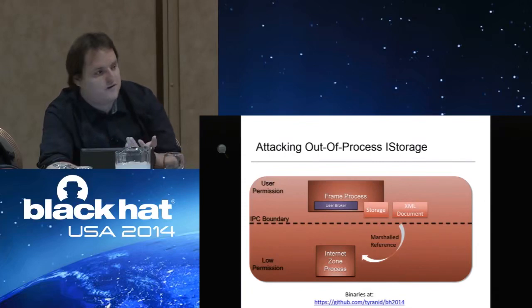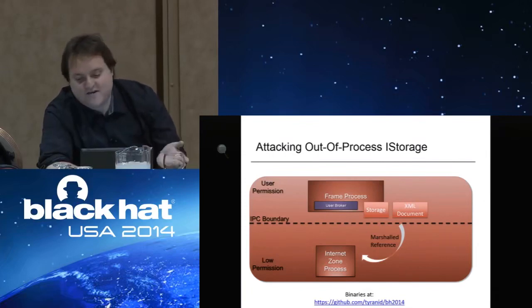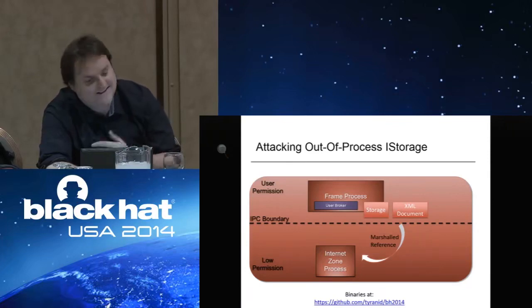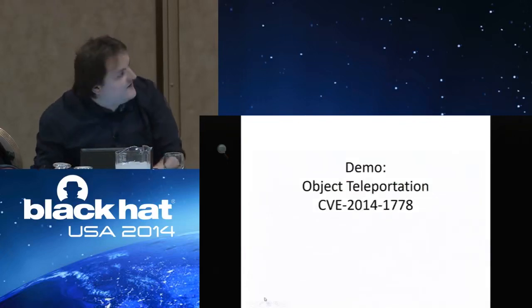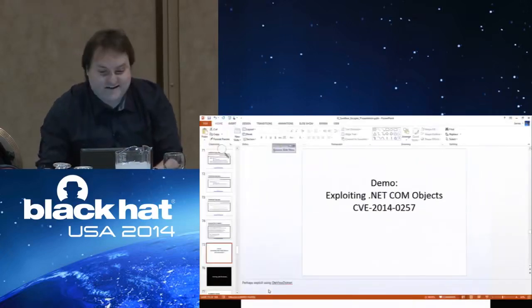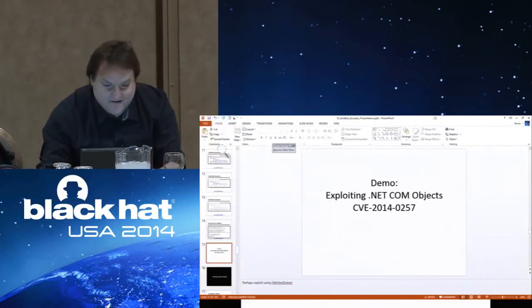And now you've got a document which, the lovely thing about Microsoft's XML COM implementation, allows you to run arbitrary JavaScript with full permissions in a document. That's great, because then I can just run arbitrary JavaScript to pop calc or whatever I need to do. So I called it object teleportation. It's just a stupid name, but there we go.